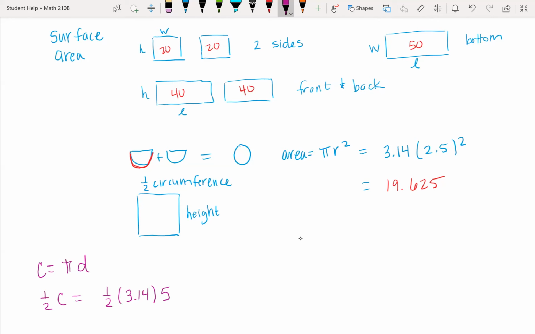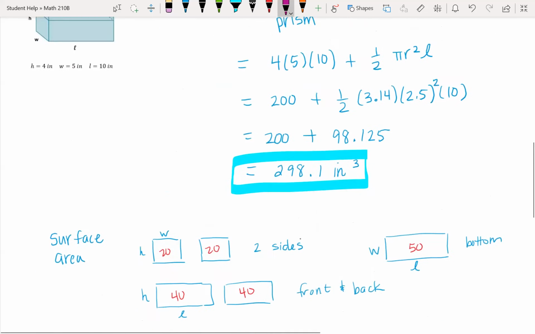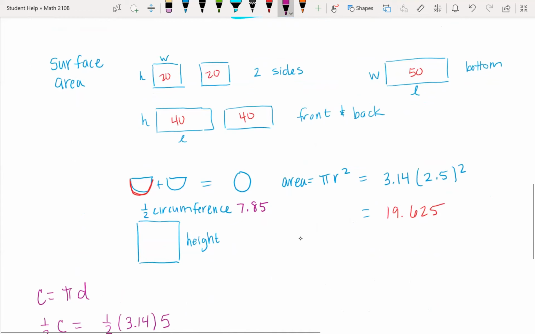I'm getting 7.85. And the height was 10. So this part is 78.5. Right, so I'm going to add everything in red up together.